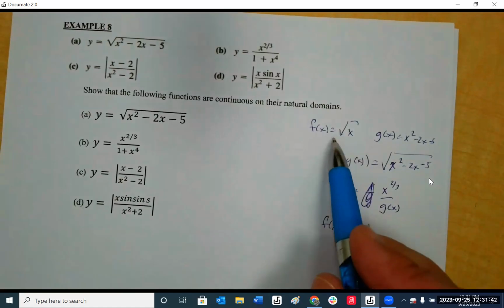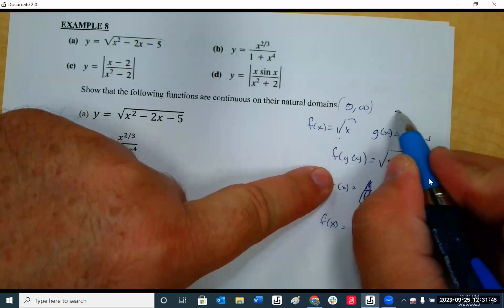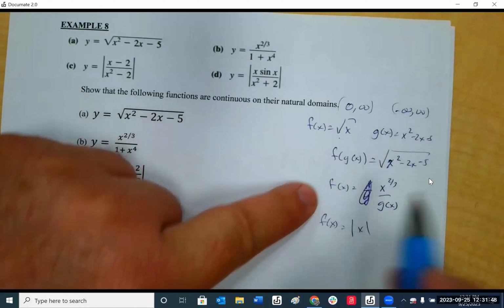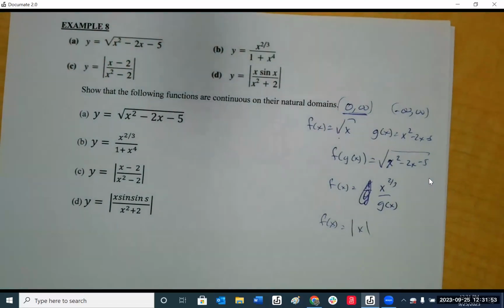So if f of x, like this one here, is from 0 to infinity, and this one's from negative infinity to infinity, the composite function is only continuous on that part.